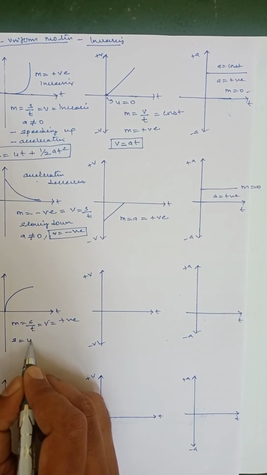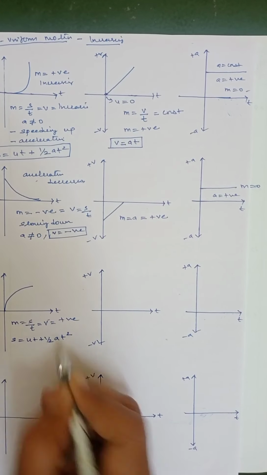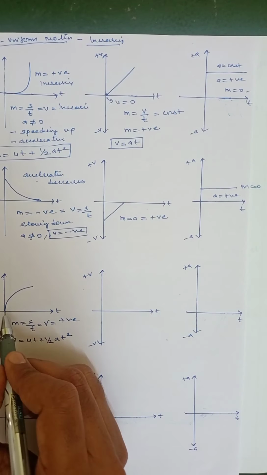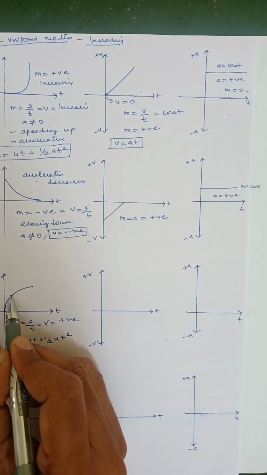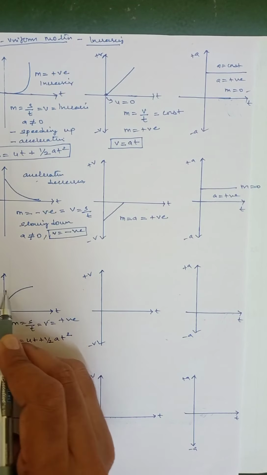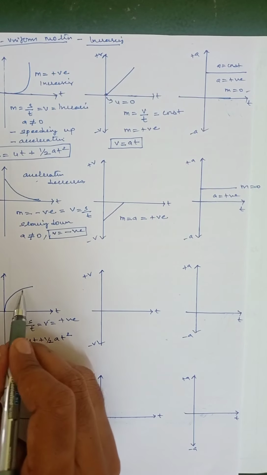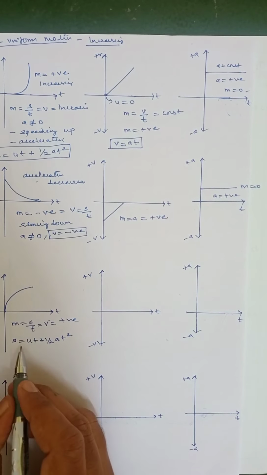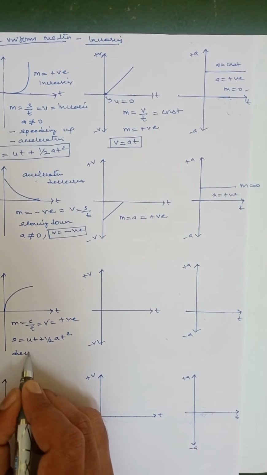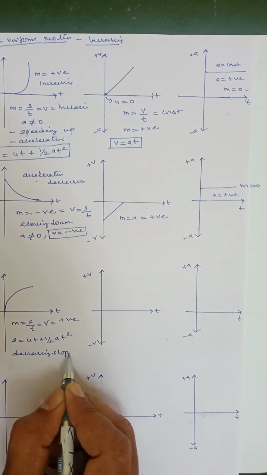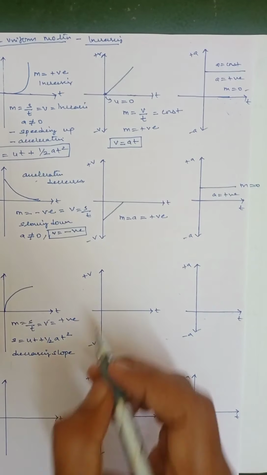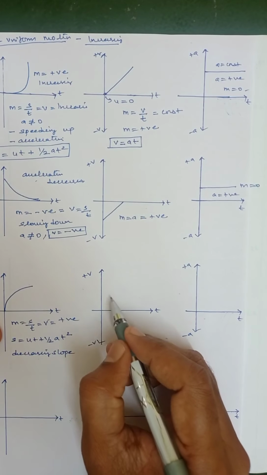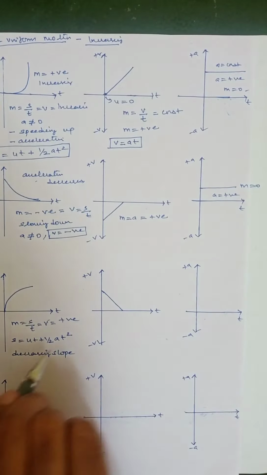So s is equal to ut plus half at square as the equation, and here the slope will decrease, because whenever both the terms increase, where time also increases as the distance increases, at the maximum level the time will be increased and the distance will be constant, so hence there will be a decreasing slope. For this equation, decreasing slope, hence v will be positive, so the graph will be like this.